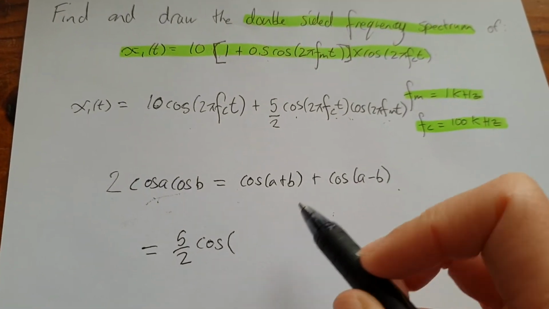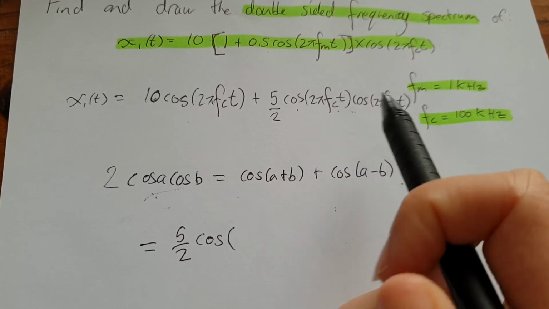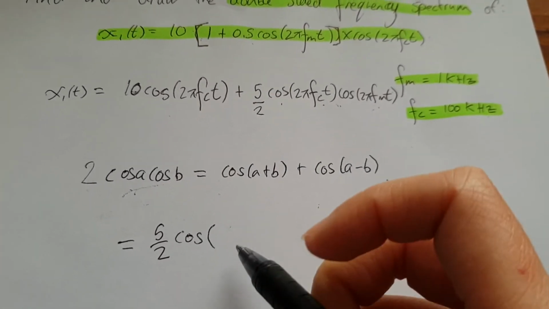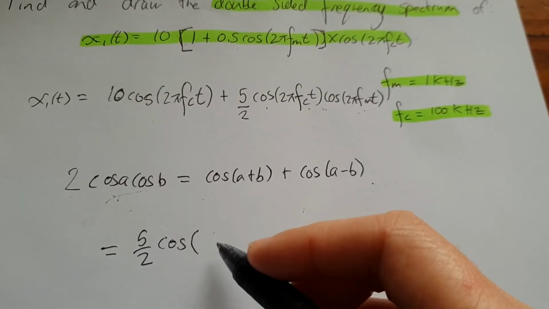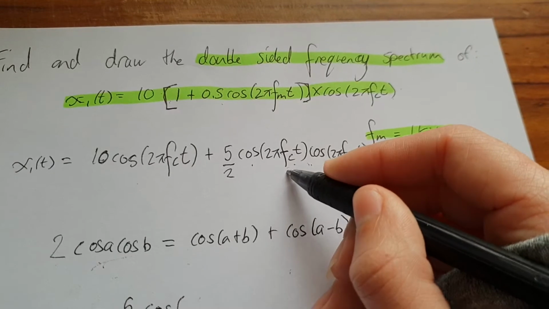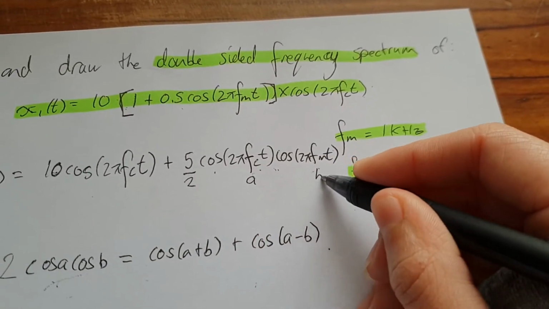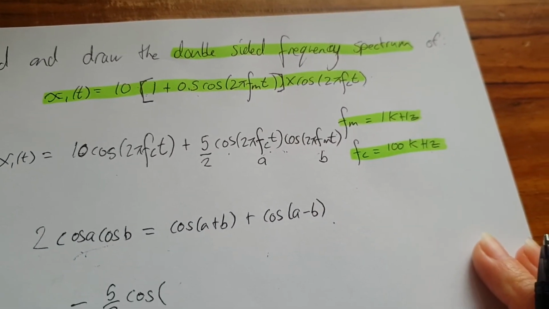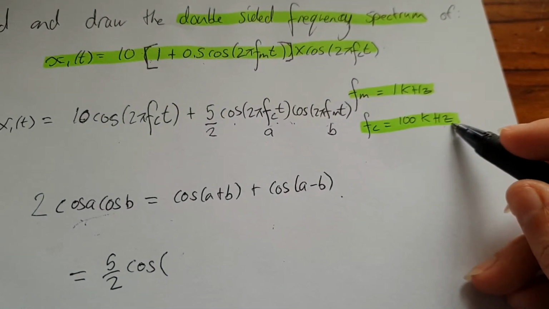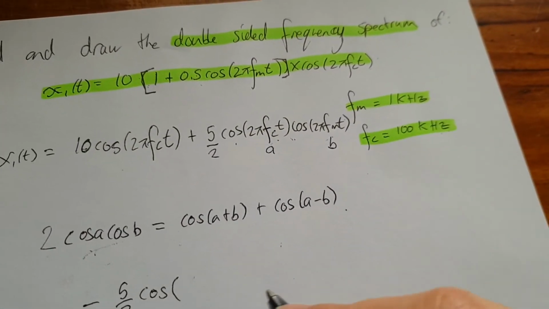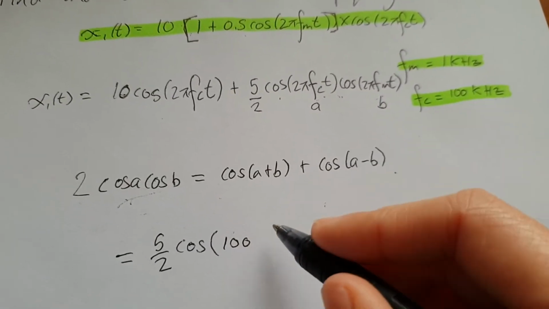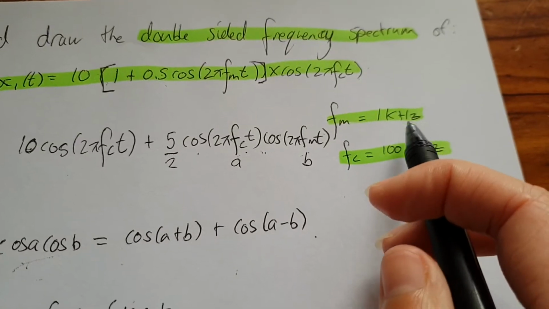Let's sub in our fc and fm so we lose all these jargon letters. So this is A, and this is our B. Our A in this case is 100 plus our B, which is 1.